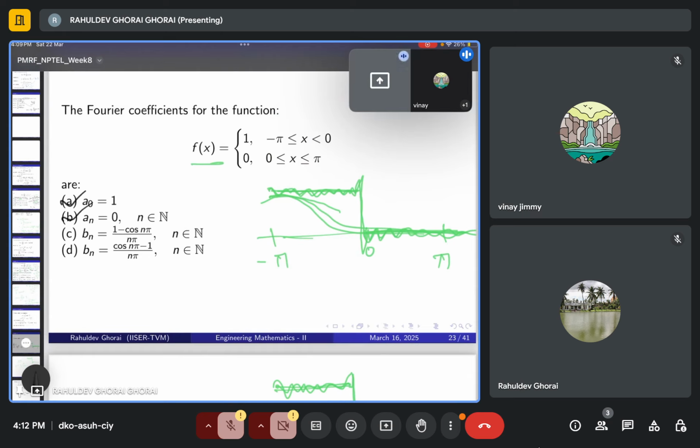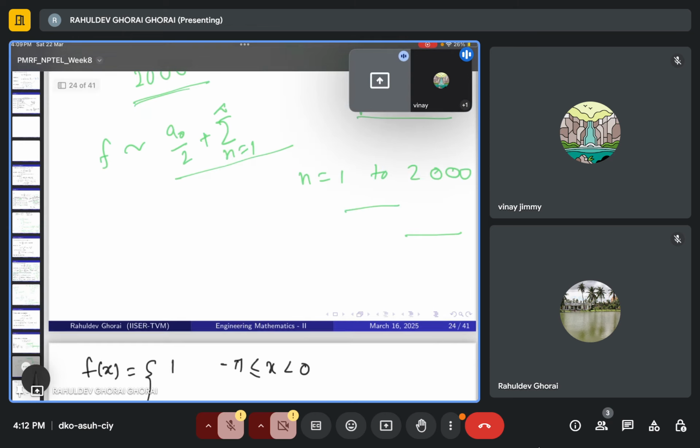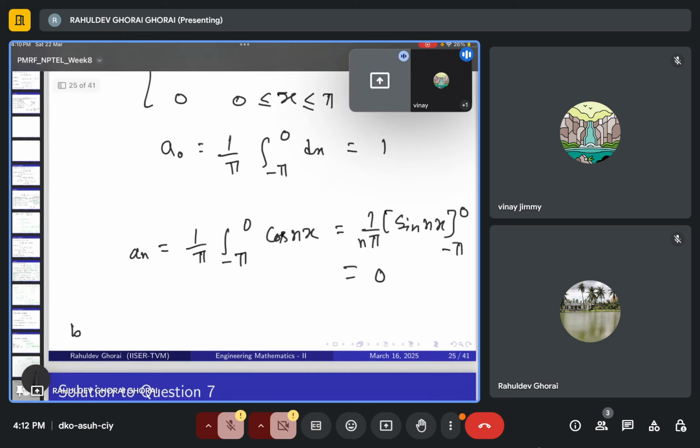Now see on b n, if you try to find it, then it will be okay. So b n will be 1 over pi, again minus pi to 0 of sin nx, right? But what is the integral of sin nx? The negative of cos nx over n will come, from minus pi to 0.